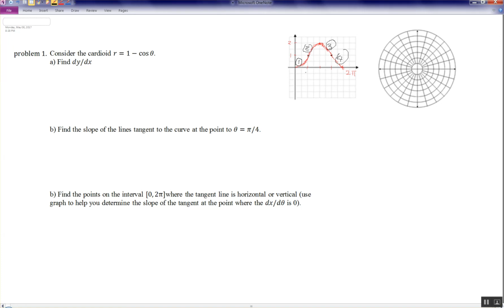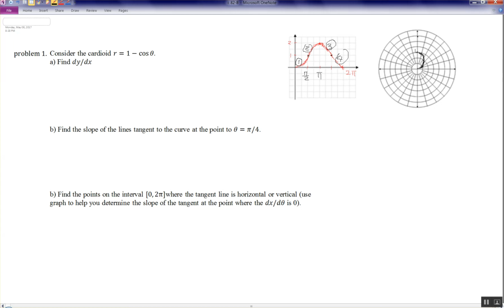In my first piece, the angle is increasing from 0 to pi over 2, and the radius is increasing from 0 to 1. So if I call this my radius 1, and this is 2, it's going to be something like that, right? I'm trying my best. So when the angle is 0, the radius is 0, and then the radius is increasing to 1 as the angle increases. So this is my 1.